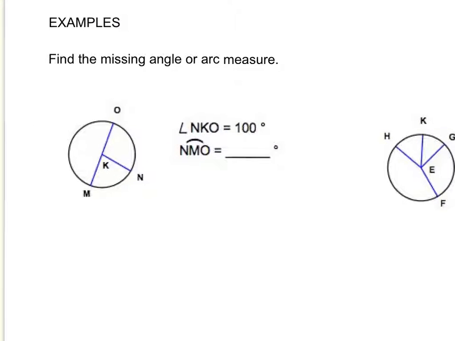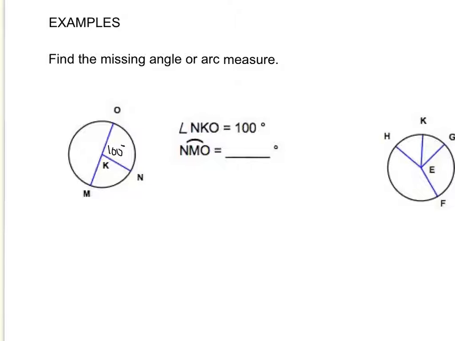So this first problem says find the missing angle or arc measure. It says the measure of angle NKO, which would be here, is 100. So this angle is 100 degrees, and we want to find the measure of arc NMO.